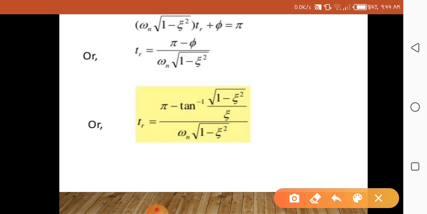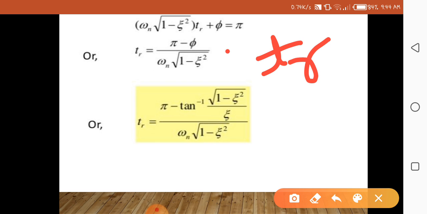After putting the value of n, it is ωn√(1 - ζ²) tr + φ = π. Here tr represents the rise time.